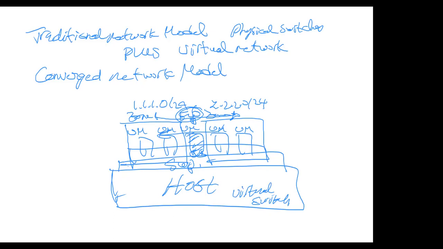This virtual switch has the same types of attacks as a physical switch. When you work with a physical switch, it's a device in layer 2, and we have exactly the same threats as physical switches, plus other threats related to virtualization.